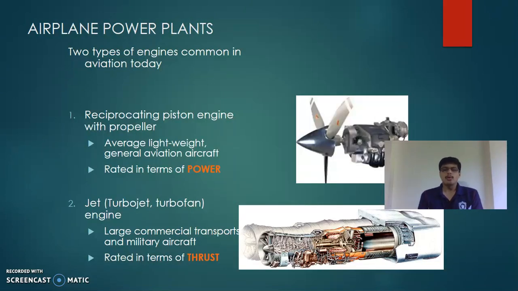Now look at the power plants, how these drag induced and lift induced thrusts are delivered. You have mainly two types of engine common in aviation. One is the reciprocating piston with propeller, which means it works on a principle that the reciprocating piston drives the propeller.